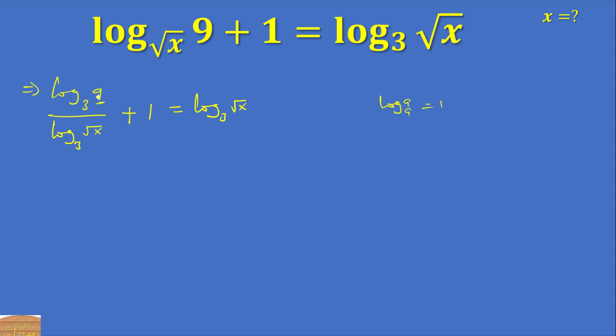So we have log to base 3 of 3 to the power 2, all over log root x to base 3 plus 1, log root x to base 3.